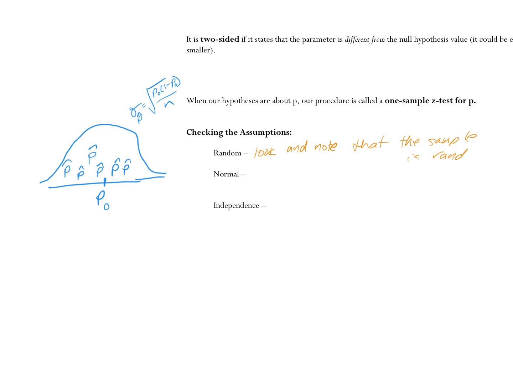Okay, normal? The general rule of thumb for this graph, under which situations will this graph be normal? When are the p-hats normal?